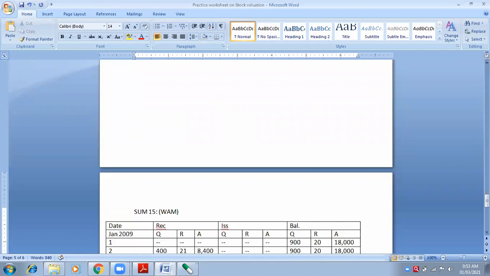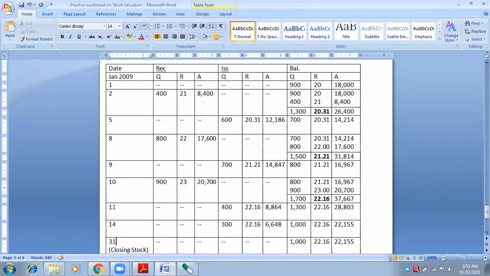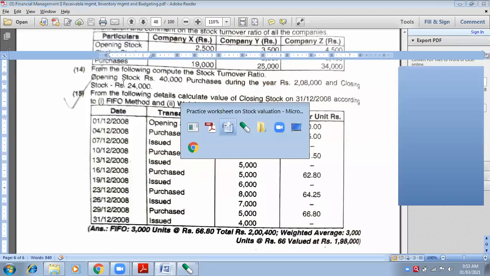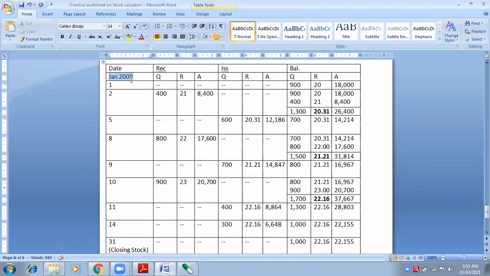Yes, done. This is December 2008, so here you will write December 2008. Columns: date, receipt, issue, balance, and for receipt, issue, and balance, you will divide them into three categories: quantity, rate, and amount. Do it. I'm giving you 2 minutes.